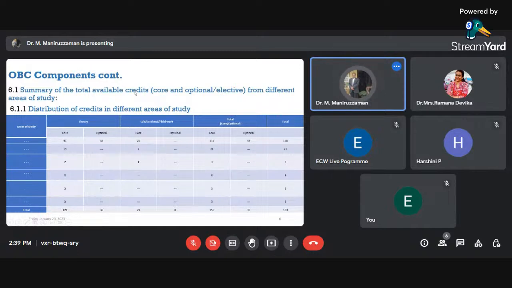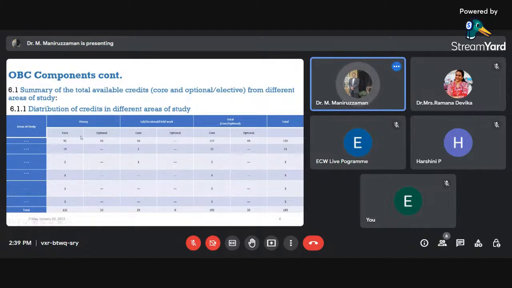Let me just explain the first one. Area of study, we have to specify an area. Then the area may have 91 core courses and 33 optional courses, and these are all related to theories.